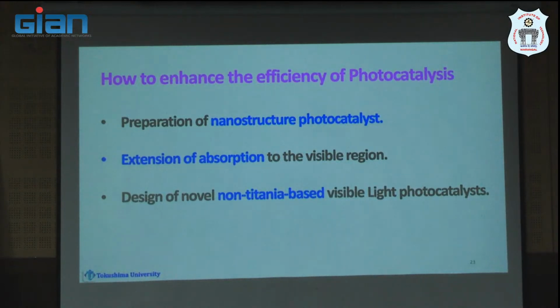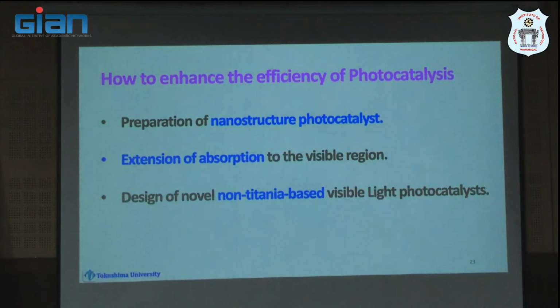What kind of nanostructure you are preparing, and whether it is sensitive to the visible range. Third, it must be a non-titanium based material, because titanium has some kind of disadvantage. The efficiency is limited if you use titanium oxide.